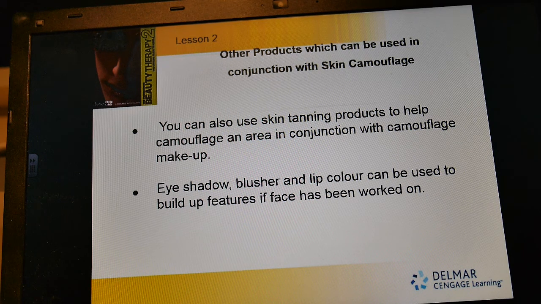It just means you'd have to adapt your skin colour match, okay? So every time we do a skin camouflage treatment, we always check that anyway. And then obviously you can use foundation, eyeshadow, blusher, lip colour, any makeup products that you may need to work over the top. One element you need to make sure of is that they do not contain oil.